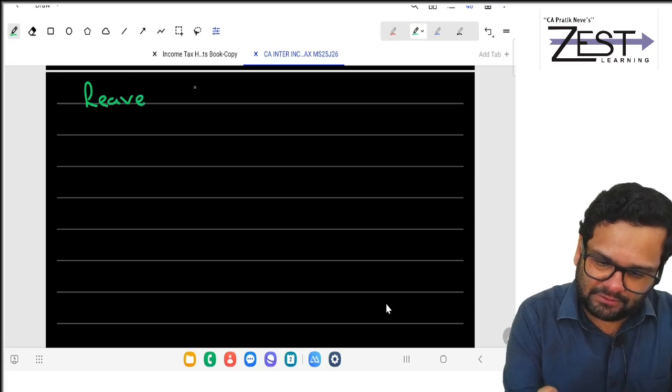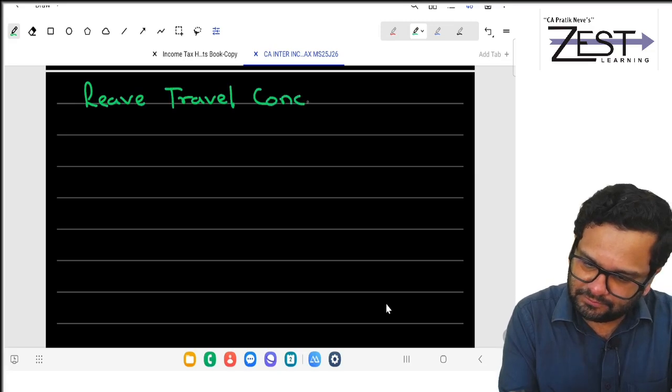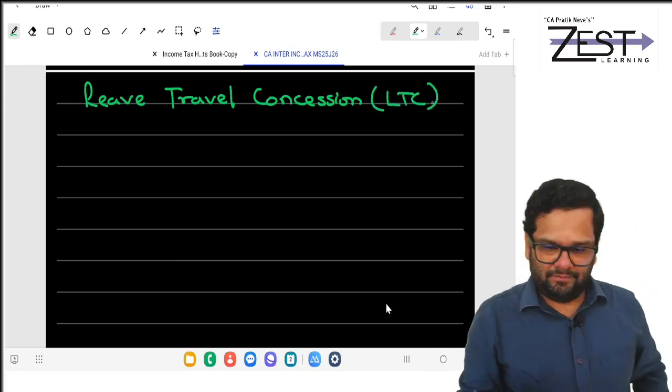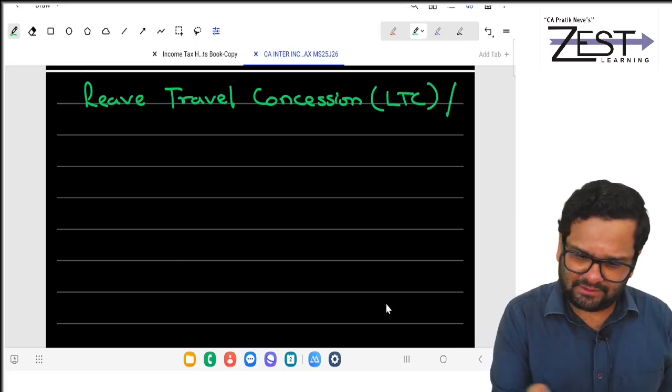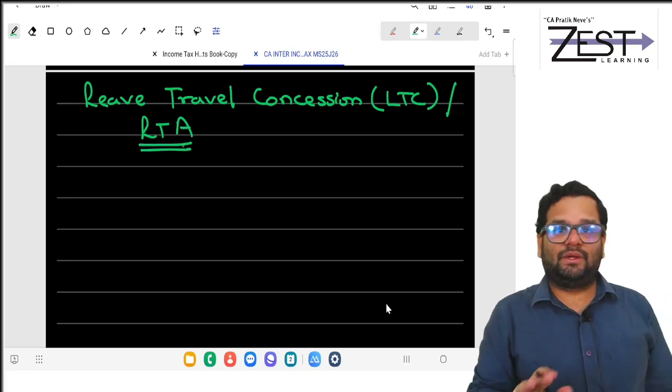Leave travel concession. We can also call it LTC. Some call it LTA, leave travel allowance. It is one and the same.